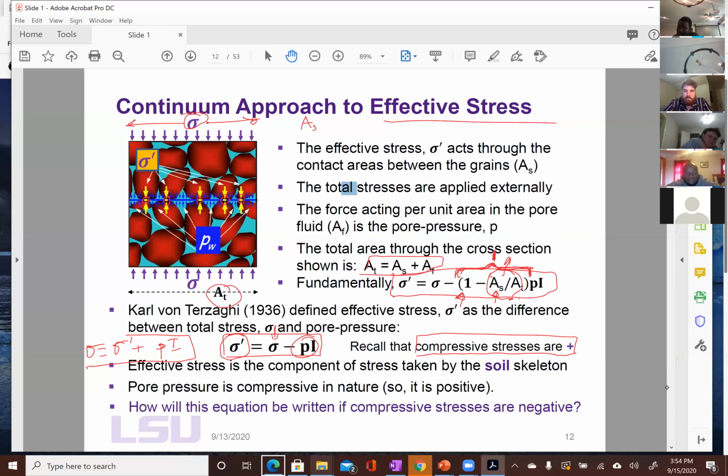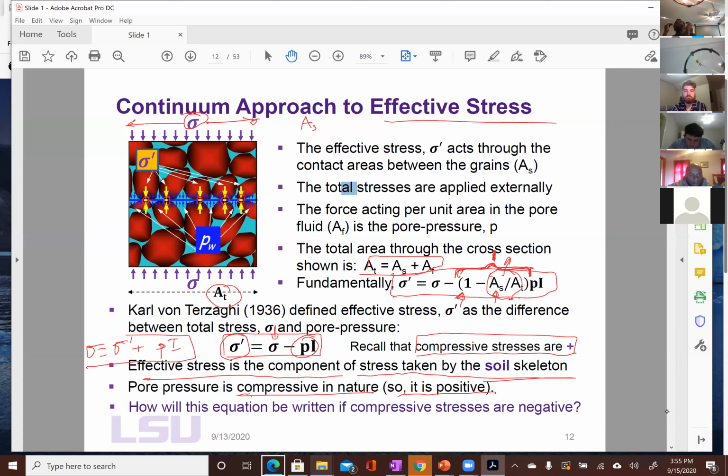Compressive strains are also positive. And I explained here that effective stress is the component of the stress taken up by the soil skeleton. Pore pressure is compressive. And so it will be positive when you're using our oil and gas nomenclature.